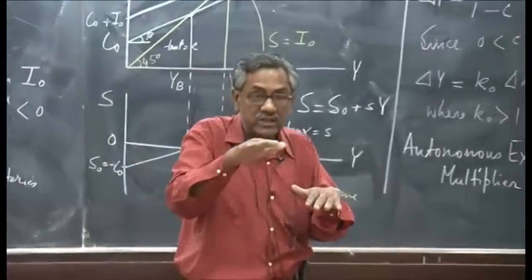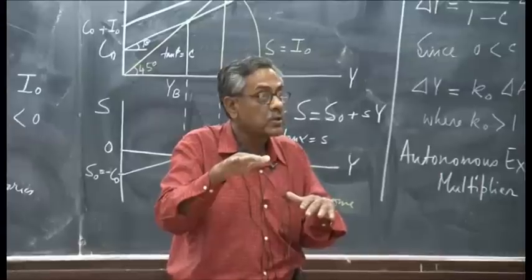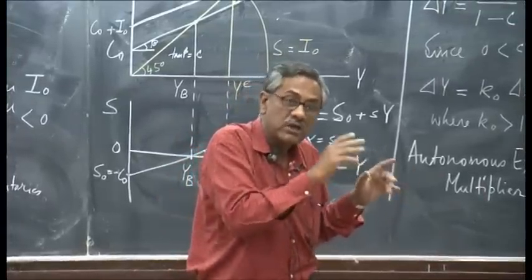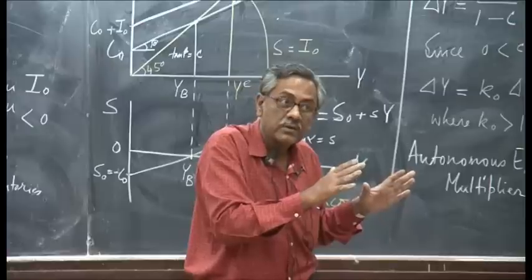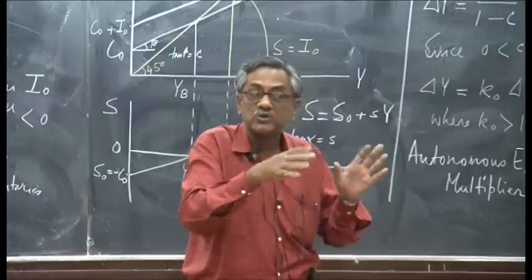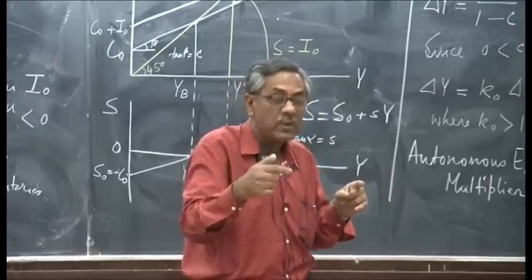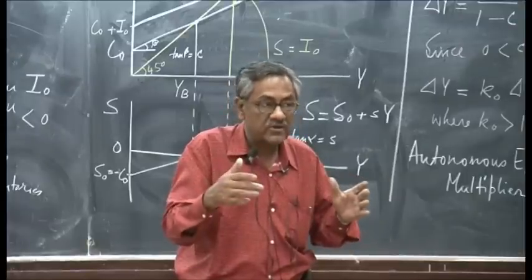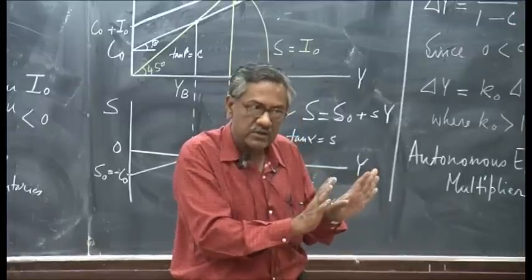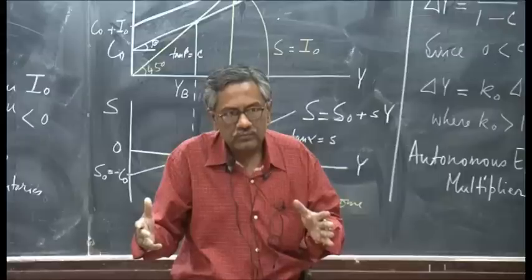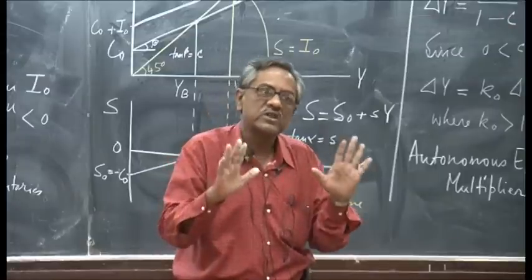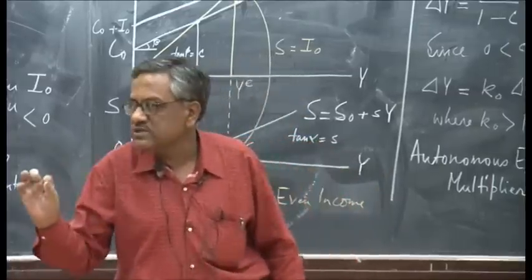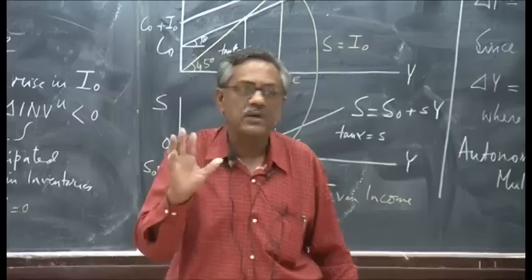Once output reaches the new level where it should be, no more inventories are touched; they remain at whatever the desired levels are. So there is no extra demand that requires to be met from inventories. All demand is met now from the current output, keeping the inventories intact. That means we have reached an equilibrium point. So whenever we reach a new equilibrium point, unexpected inventory changes become 0.